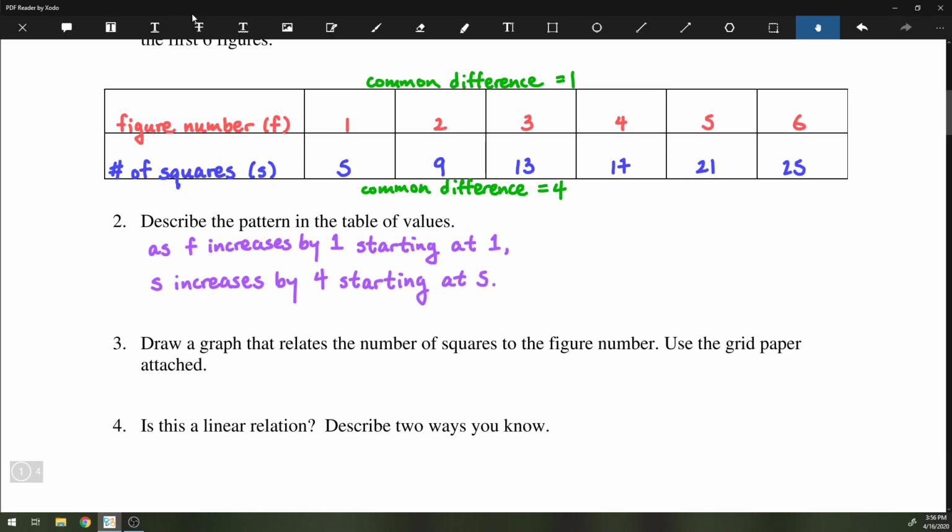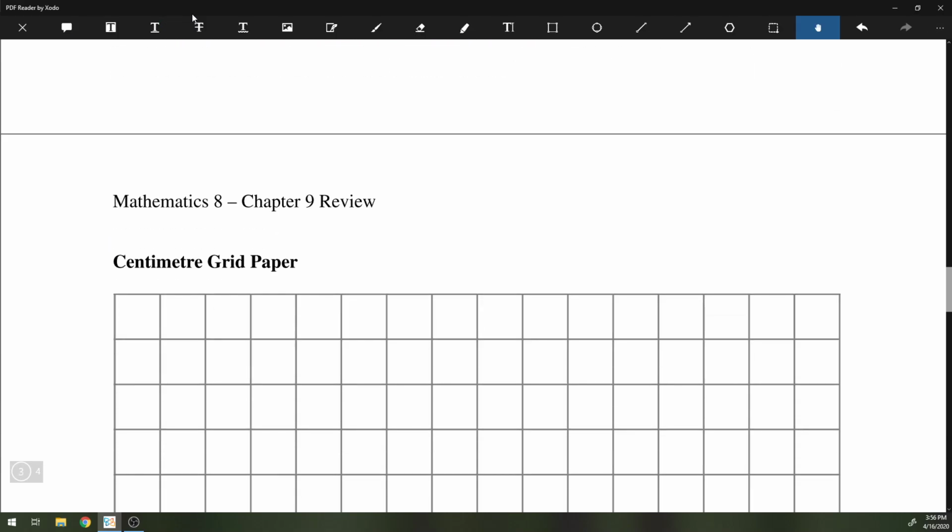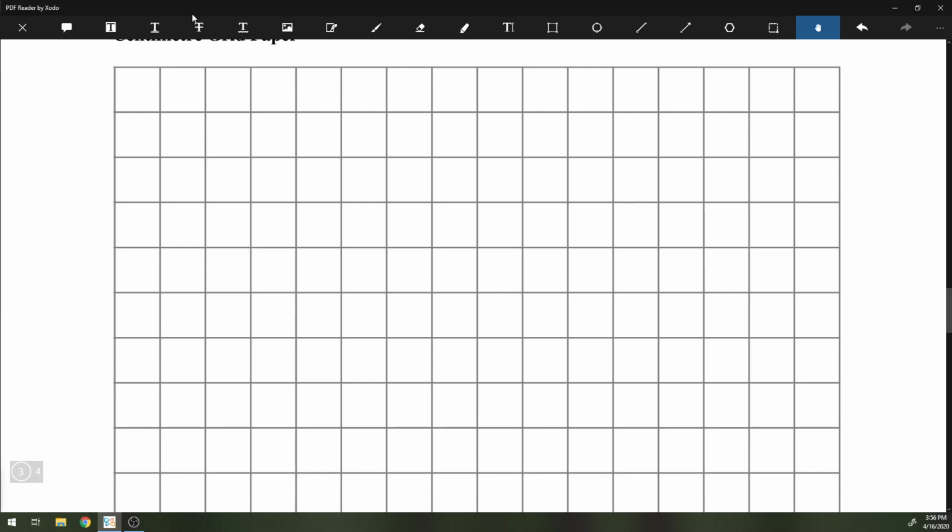From there, what we are going to do is jump ahead to page 3 to draw a graph of the table of values. The reason we have to jump to page 3 is because that's where we have our grid. Okay, so let's look at what we have.